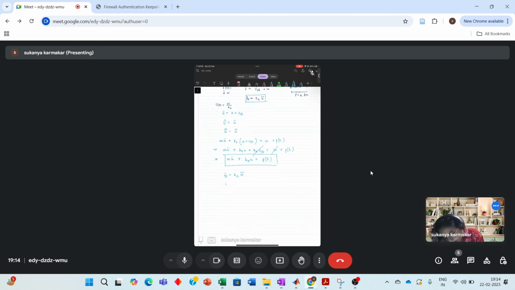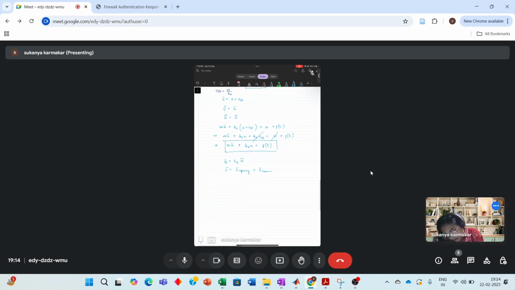So U bar consists of deflection from spring plus deflection from beam, right? Now this Fs force will be, you will have stiffness of the beam as well as the stiffness of the spring. So this force will be K into delta spring, and it is also equal to K beam into delta beam, right?